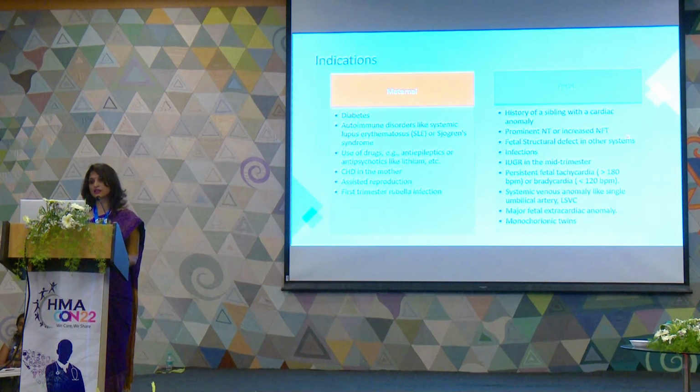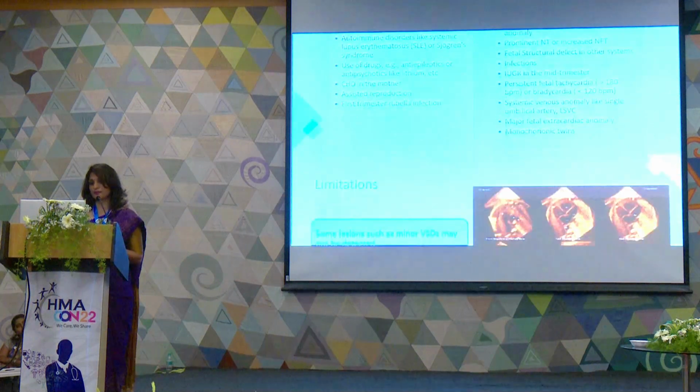Fetal indications are history of sibling with cardiac defects, prominent NT or raised NFT, fetal structural defects in other organs, infections, IUGR in mid-trimester, persistent fetal tachybradycardia, major extracardiac anomaly, or monochorionic twins.